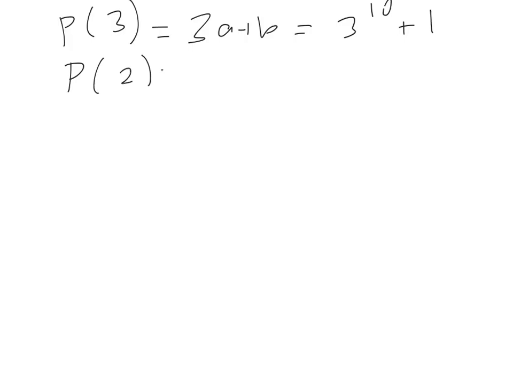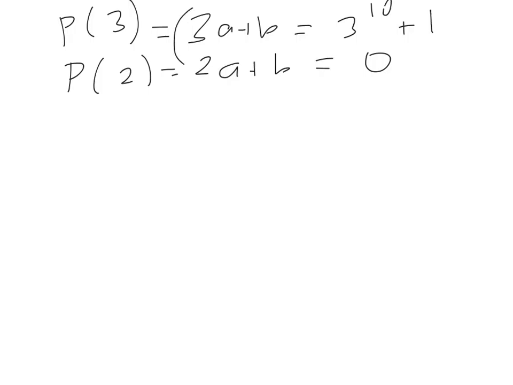I'm sure you put them down, that P of 3 equals 3a plus b, and also P of 3 was 3 to the power of 10 plus 1, and P of 2, which is 2a plus b, equals 0.